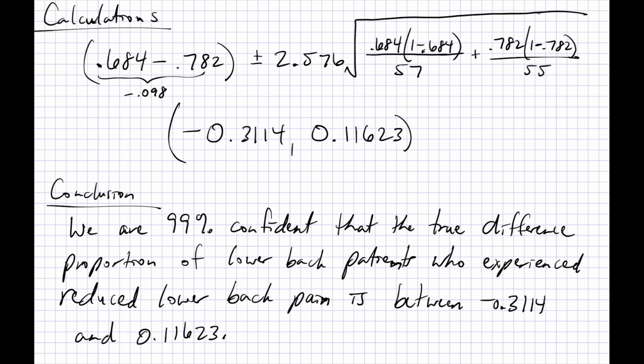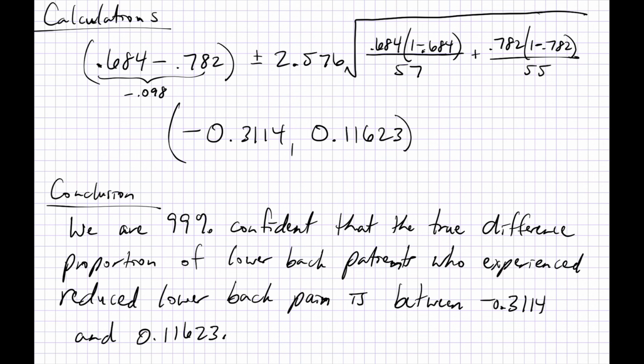So yeah. So what does that mean in plain English? That the patient experience more back pain. There is essentially no difference. How do we know there's no difference between the two treatments, Josh? Because it's between negative 0.3 and 0.1. Zero is included in the interval.